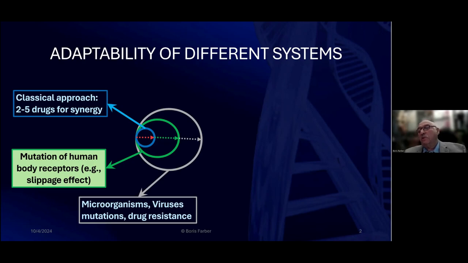For instance, to fight new viruses, it takes many years to create and approve new drugs, but it takes many lives during this time. Since the gray circle is more flexible, the virus mutates again at the same time as new drug creation, etc. It looks like a vicious circle.